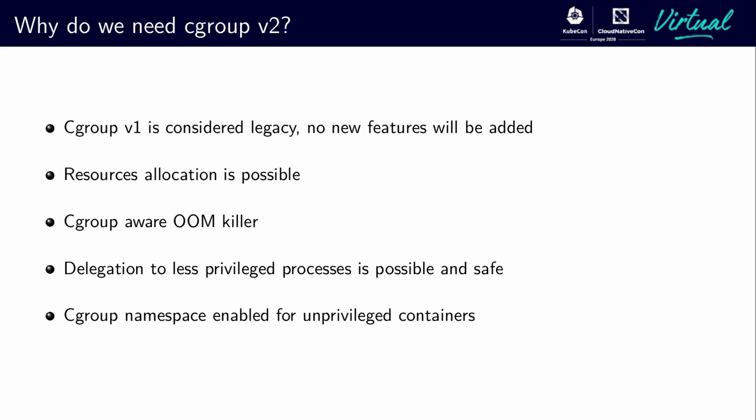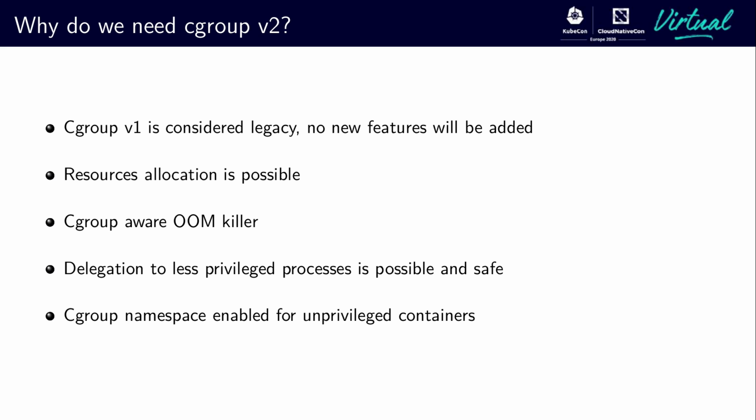So this migration had to happen at some point. Also, all the issues we saw before with cgroup v1 are somehow fixed with cgroup v2. We have a cgroup aware killer, so that containers can be terminated atomically.